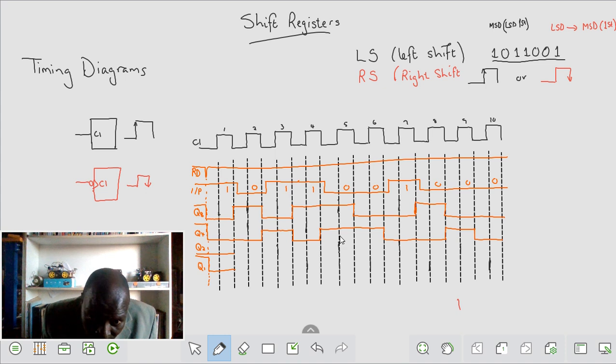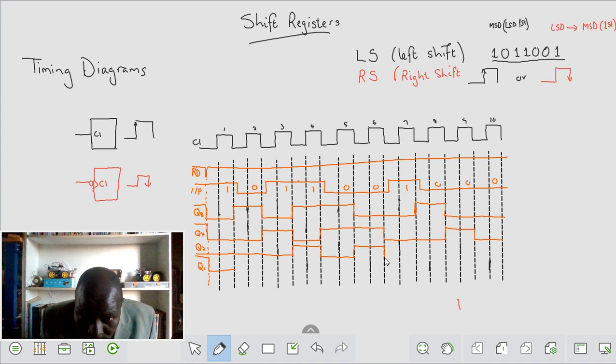Okay, then Q4 feeds Q2 when you are going to the right. So that's a 0, stay 0. That's a 0, stay 0. Then it's fed a 1. Then it's fed a 0. Then it's fed a 1.